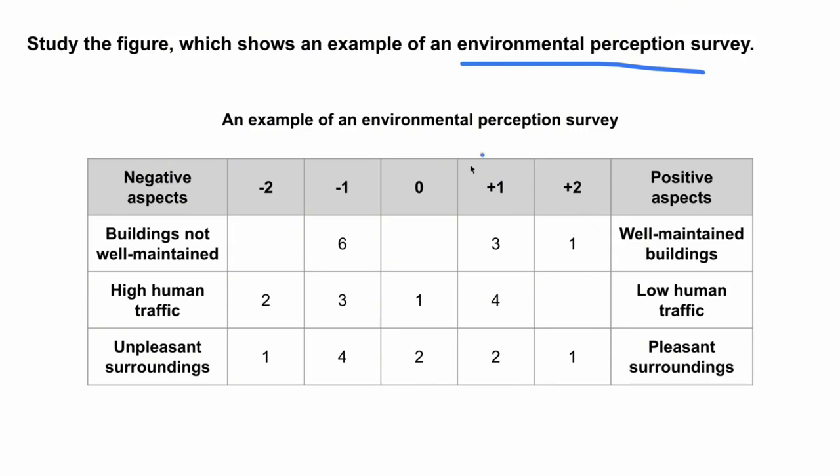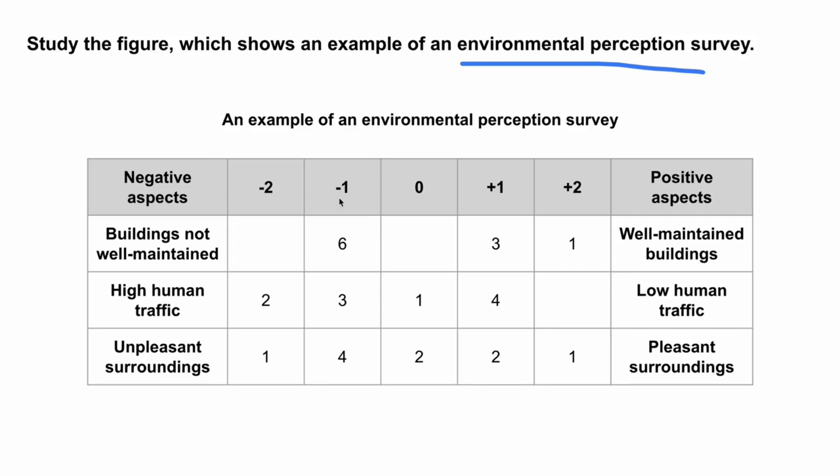You notice that all the pluses are associated with the positive aspects of that particular site, and the minuses are associated with the negative aspects. So when people choose a plus or a minus, they're leaning towards a more negative aspect, or a more positive aspect.